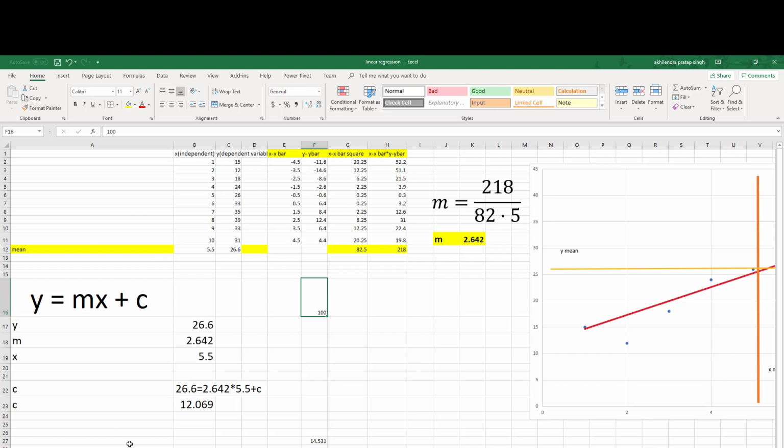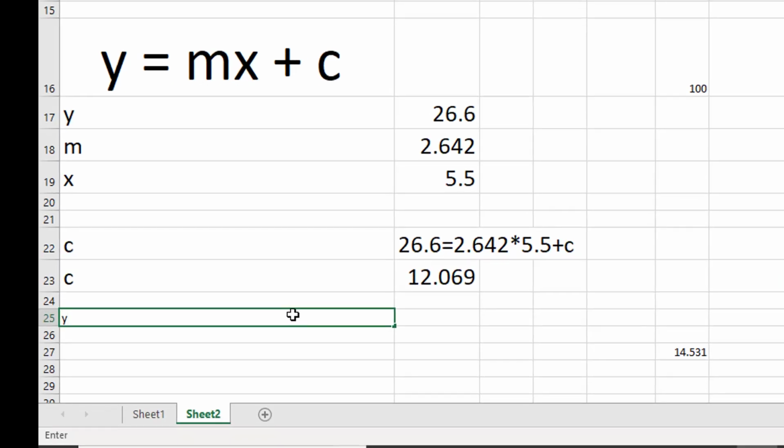In that case, in this formula, you will replace the value of x by 100 and replace the value of c by 12.069 and then find out the value of y. So the equation will be y equals 2.642 multiplied by 100 plus 12.069.